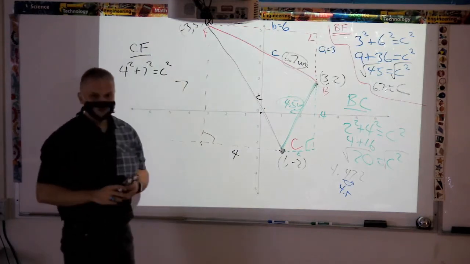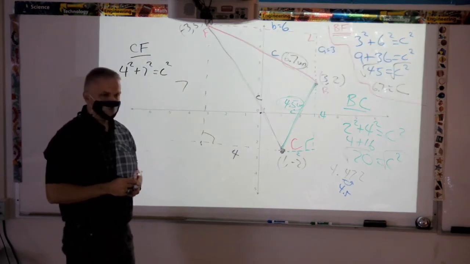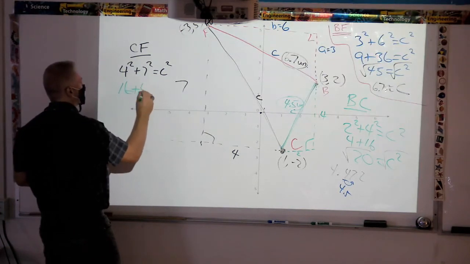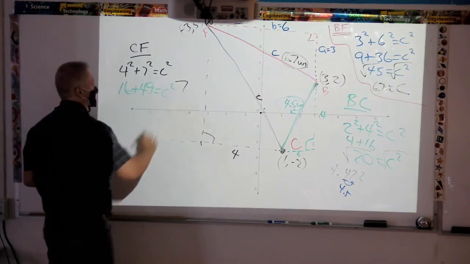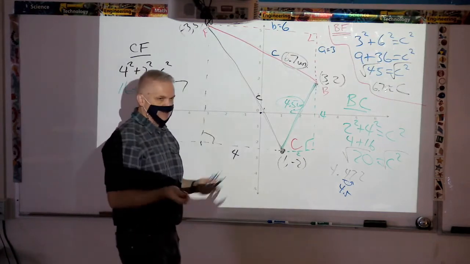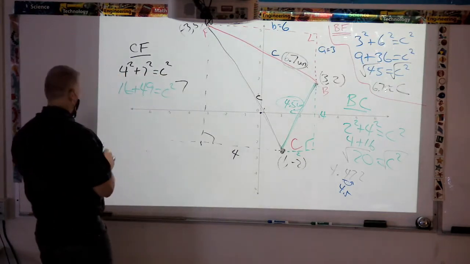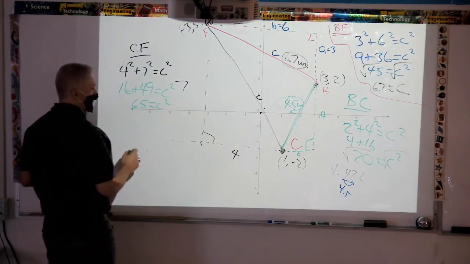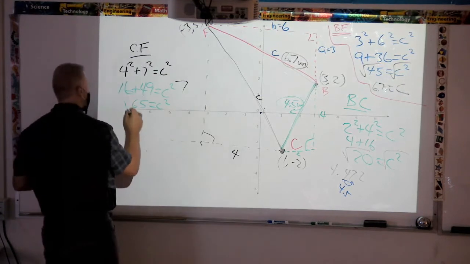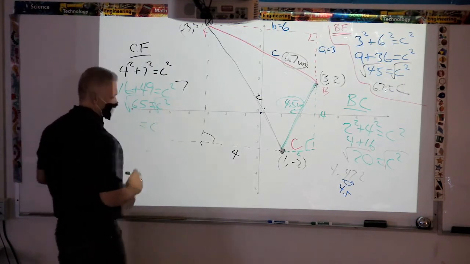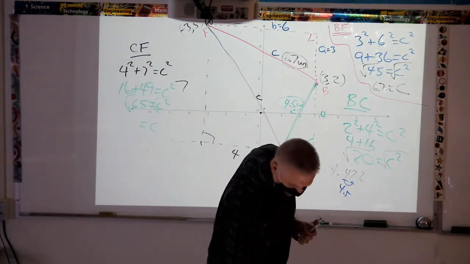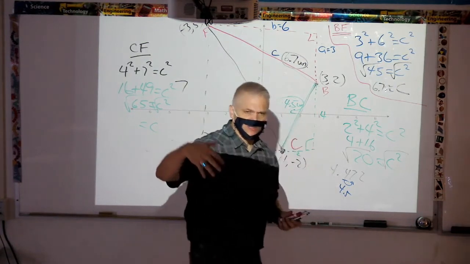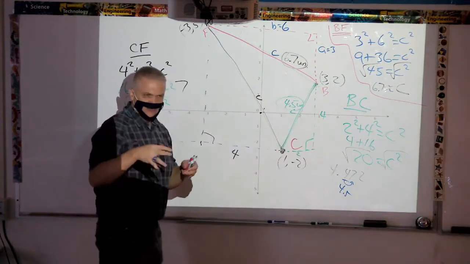we got 4 squared plus 7 squared equals the hypotenuse c squared. Okay? 4 squared is 16, 7 squared is 49. Add them together. What do you get? 65. What do we do with this? Square root. Square root of 65. 8.0625. 8.06.